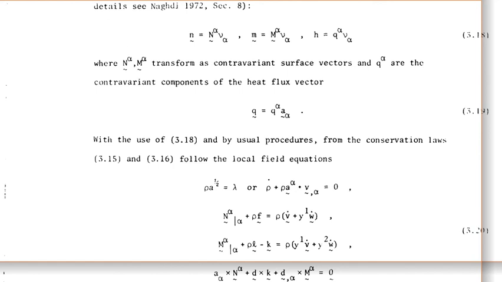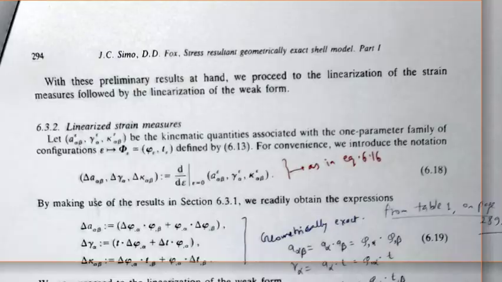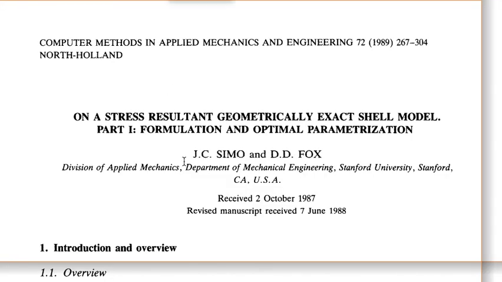So I think mainly in the J.C. Simo paper, the theory which they are presenting is kind of a mixture of the Cosserat based model, and they are trying to correlate it with 3D continuum mechanics also. They have given the proofs in appendix 1, starting from the 3D balance law in terms of the Cauchy stress, and from that they have built up the balance law for the 2D shell in terms of the 2D stress resultants.